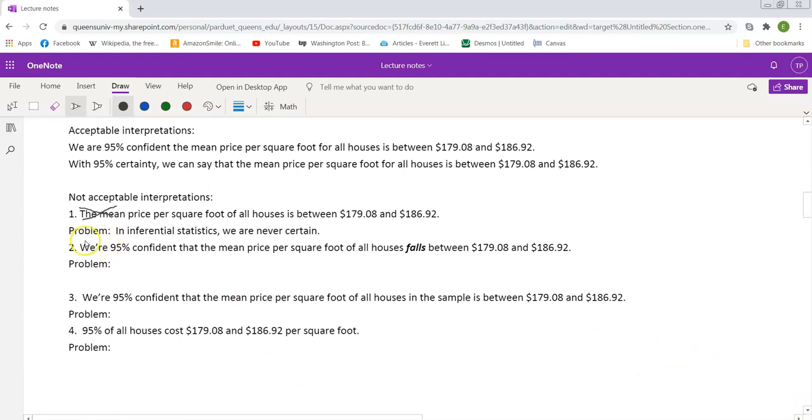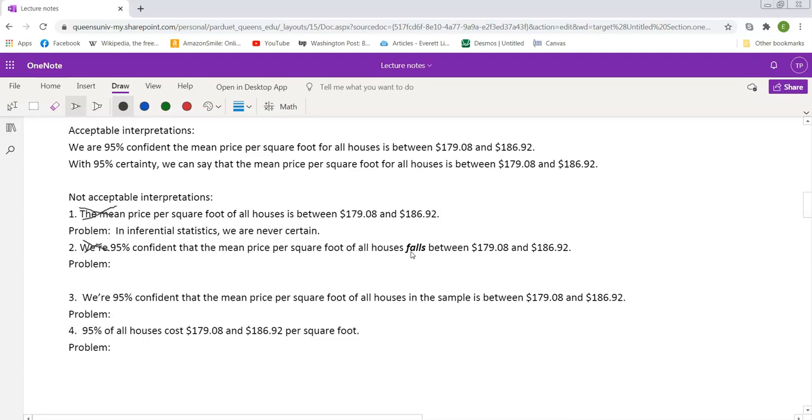The second one that's bad is to say that we're 95% confident that the mean price per square foot for all houses falls between those two values. The problem there is the word falls. This word falls makes it sound like the population mean is a random variable. It's not. This word conjures up, for me, a marble spinning around on a roulette wheel, and eventually it's gonna fall somewhere, it's gonna drop.